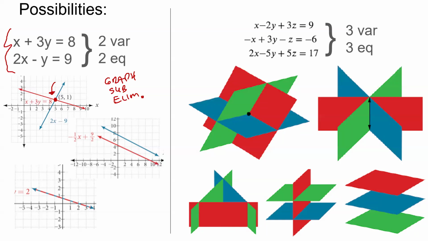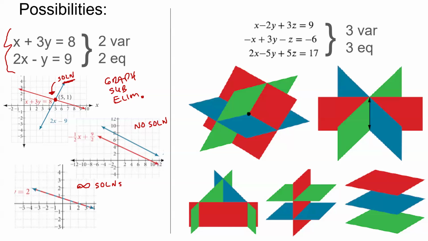So x equals 5, y equals 1 is the point that we're looking for. We did have the weird cases where there's no solution if the two lines run parallel to each other. We also had the case where there are infinite solutions simply because they are the same line. The red and the blue line lie right on top of each other, and it kind of ate the end there, but that's okay.